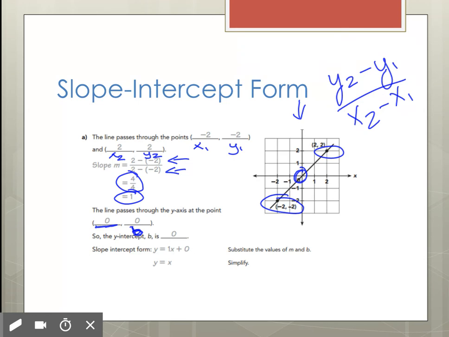So our slope is m. So m equals 1. So we're plugging it into that y equals mx plus b format. So I write y equals 1 for my m, x, plus 0 for my b. And then we can simplify that just into y equals x in this case.